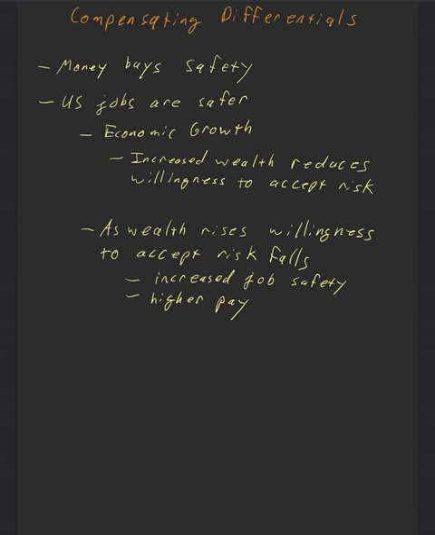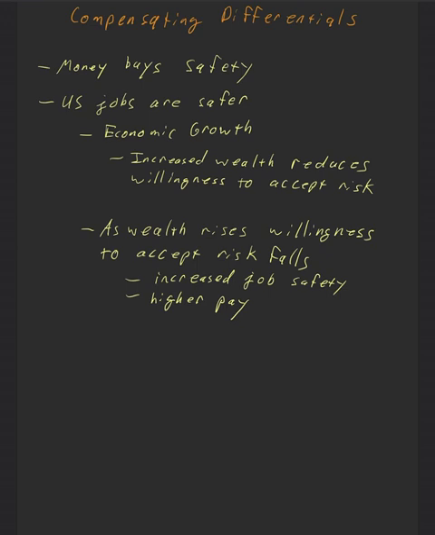And this is important, right? Because that is also a thing that we care about. And people who are lower on the wage or compensation scale, they're willing to do jobs that are riskier. This is why U.S. jobs are safer, because economic growth has led to increased wealth, which reduces your willingness to accept risk, right?